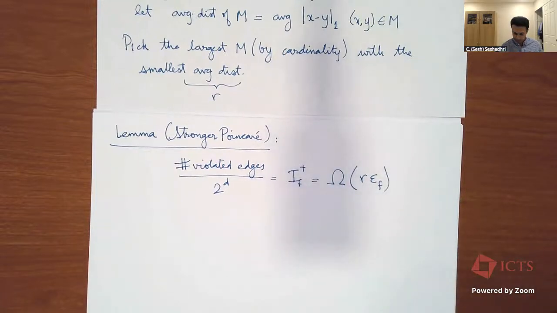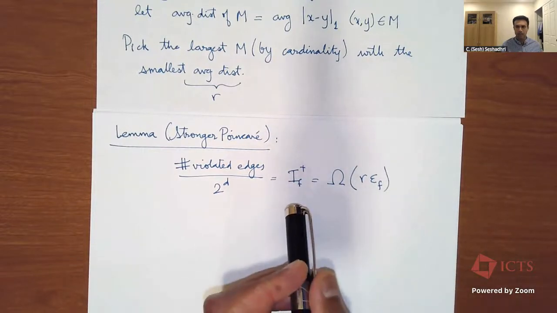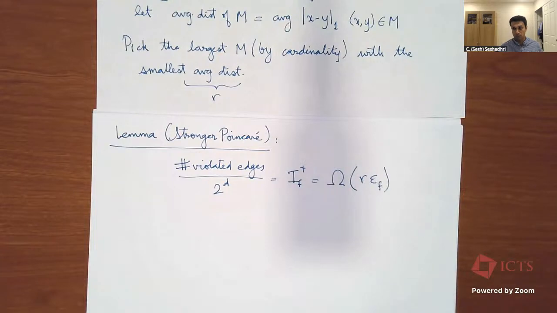Does that statement make sense? I'll say the statement and I'll come back to it. I won't draw it out right now. But actually, for example, if you take the anti-majority and you try to match the pairs up, the average distance becomes square root t.